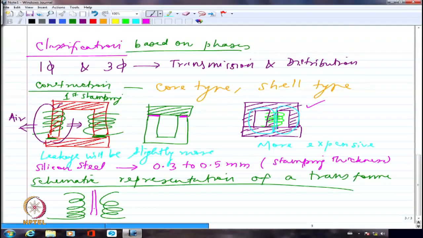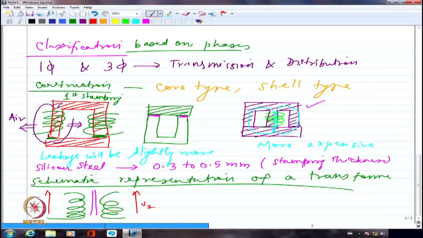The core will be shown with the help of 2 parallel lines sitting in between. Right? This is the representation of a transformer. So I'm going to apply maybe a voltage of V1 here, and I'm going to get a voltage of V2 as the output.